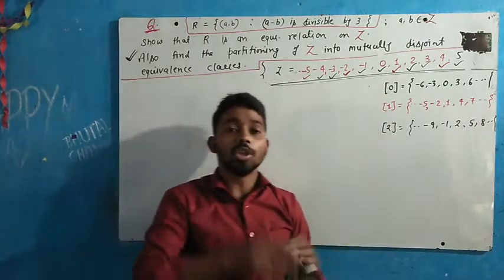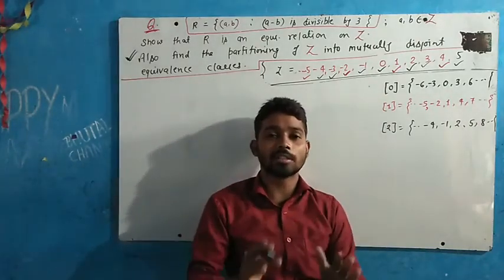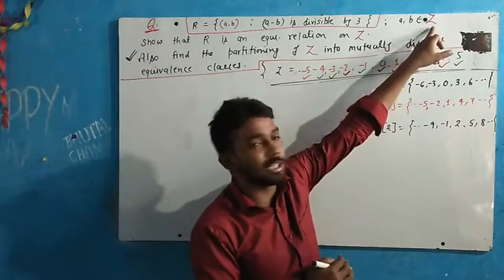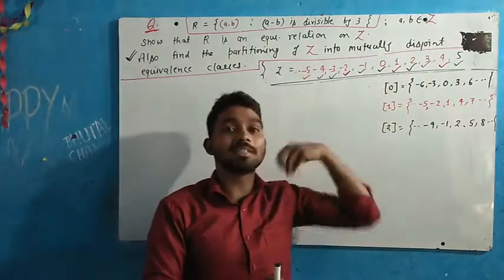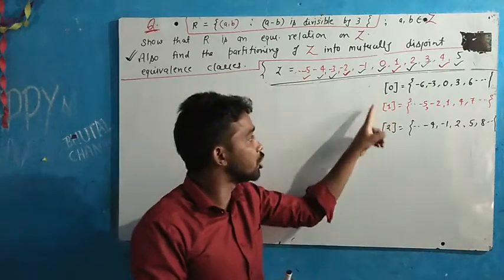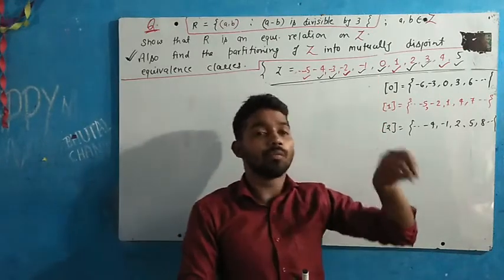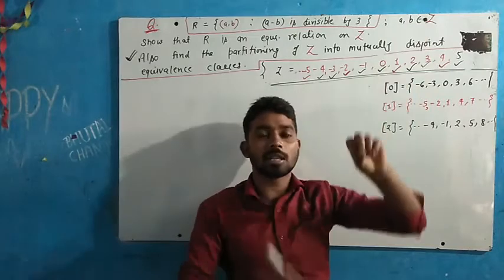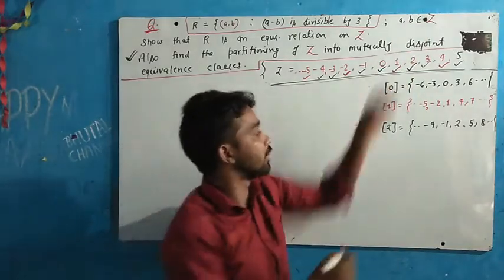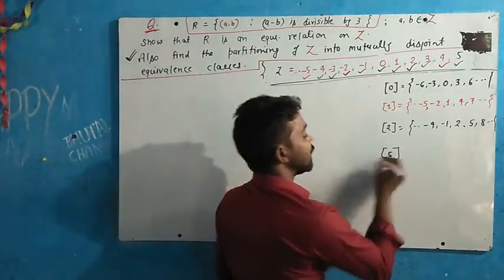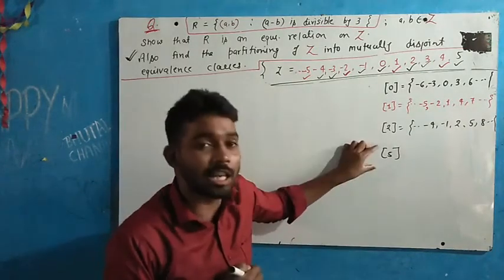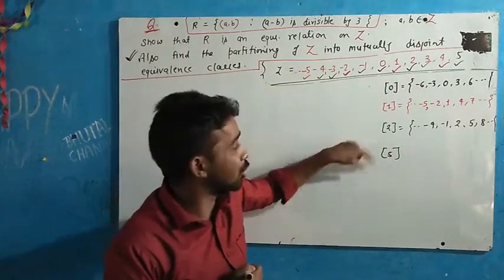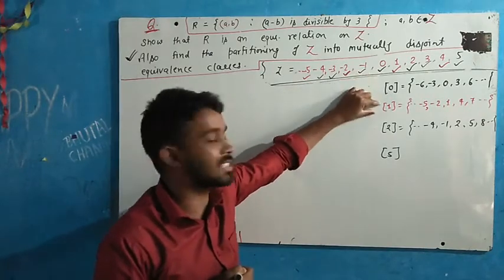No doubt you can find the equivalence class of any element of Z. But why have we found only 3 elements? The reason is that except 0, 1, 2, when you find the equivalence class of any other element, suppose the equivalence class of 5, definitely this new set will be equal to either this set or this set or this set.